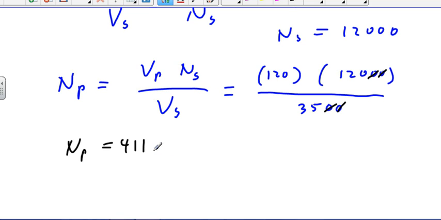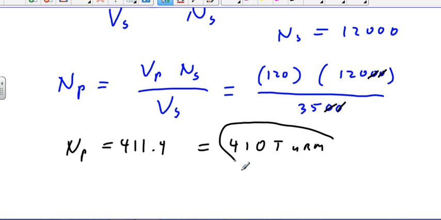It says 411.4, right? But I can't have a 0.4 turn. I probably only have 2 significant digits, right? So I'm going to have 410 turns as my final answer because I only have 2 significant digits.